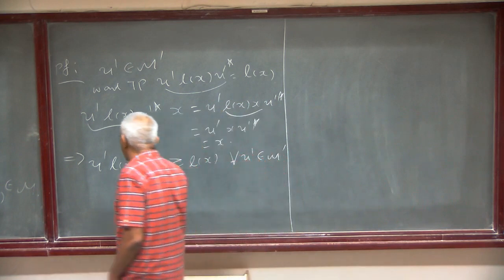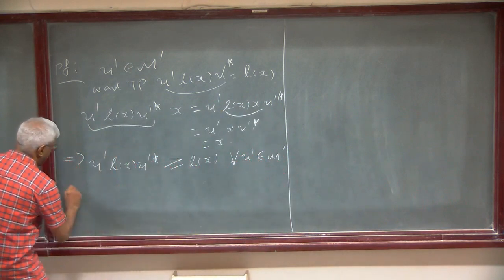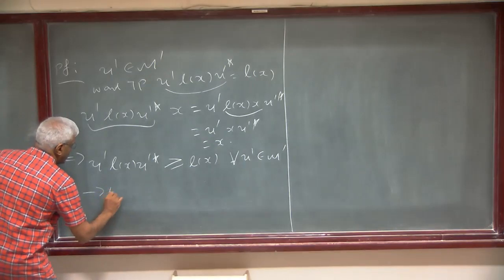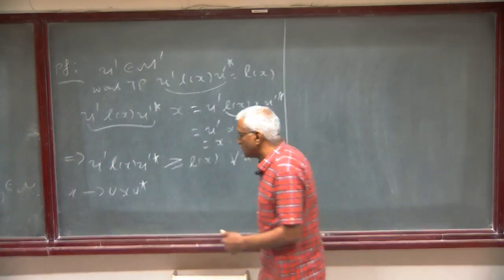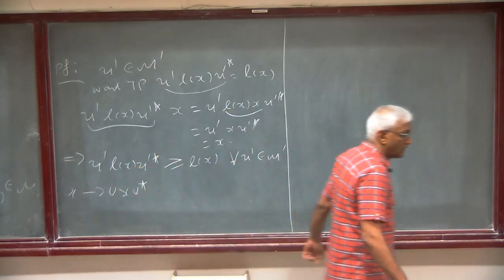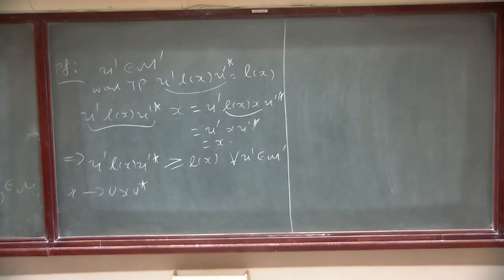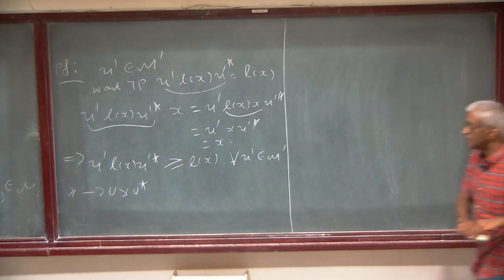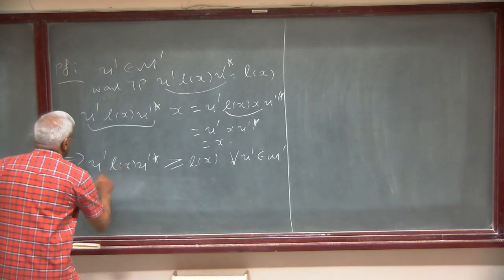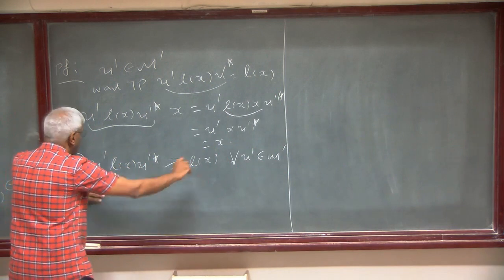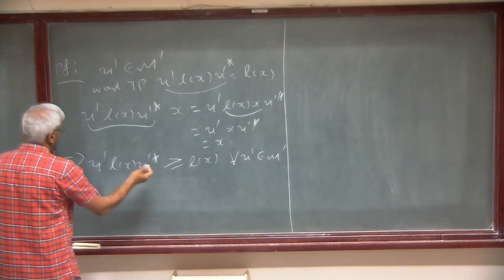But then this map, any map x going to U x U star, if you have a unitary, is order preserving. It preserves the positivity, and it preserves the order. So this is true for all U prime. So you can apply U prime star on both sides.